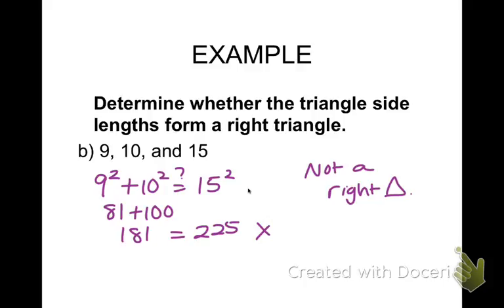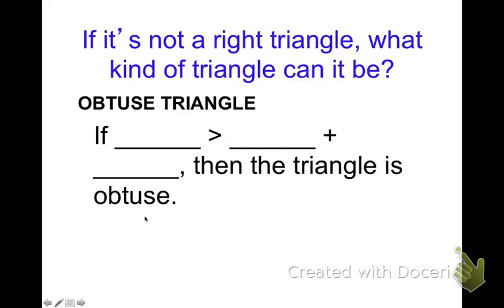So if it's not a right triangle, then it's got to be acute or obtuse. So if it's an obtuse triangle, then your c squared is going to end up being larger, so greater than a squared plus b squared.